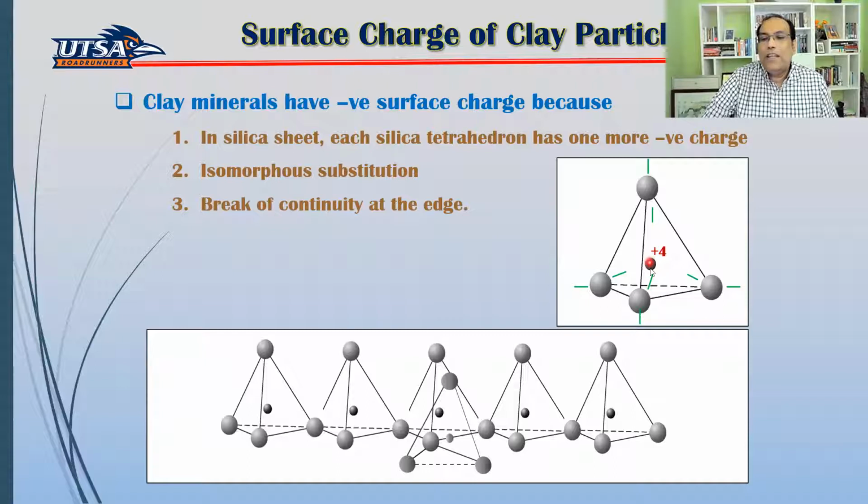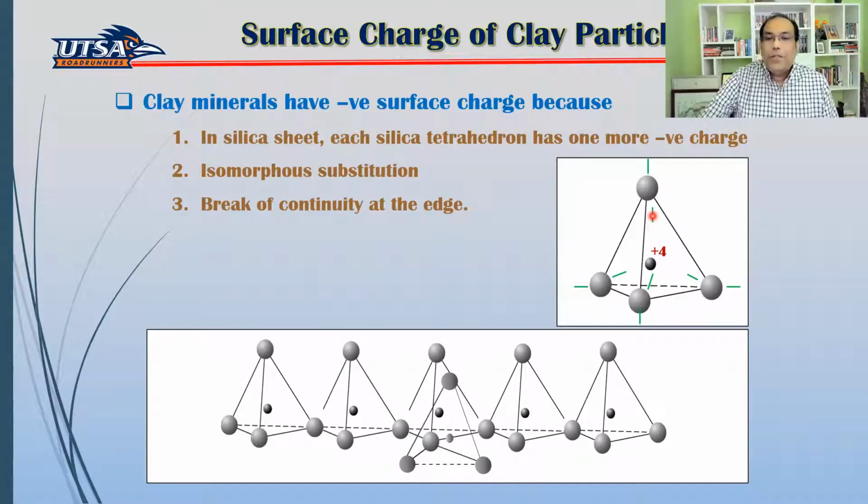For example, if I change that one with aluminum, there would be 3 positive here instead of 4, so now I'll have 1 more negative charge extra there. That's what we call isomorphous substitution, the substitution of silicon by other metals without changing the lattice of the structure.